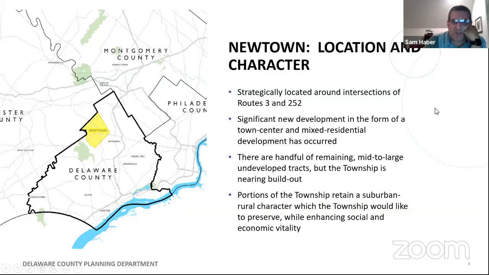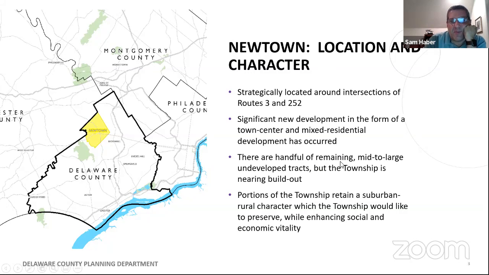Just a quick recap, everyone knows where Newtown is located. It's highlighted here in yellow, strategically located at the intersections of routes 3 and 252 in western Delaware County. The township has experienced significant new development in the form of a town center and mixed residential development over the past decade or so.